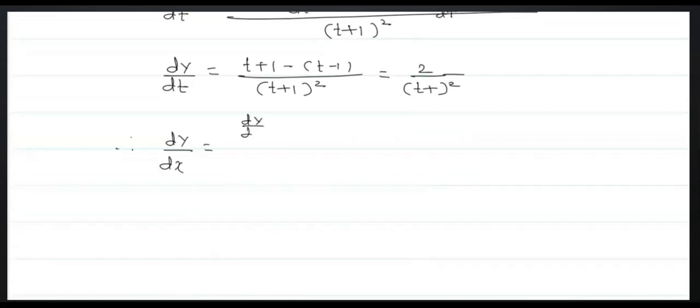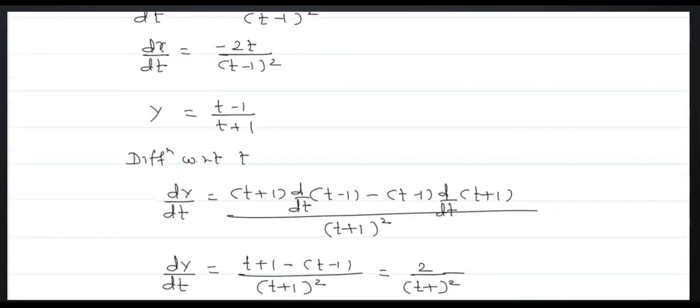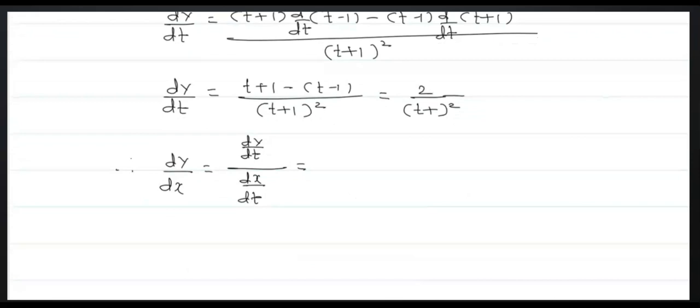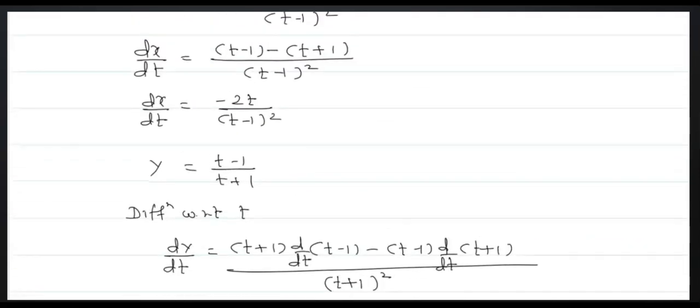Therefore dy by dx is equal to dy by dt upon dx by dt. Now I will cut the 2.